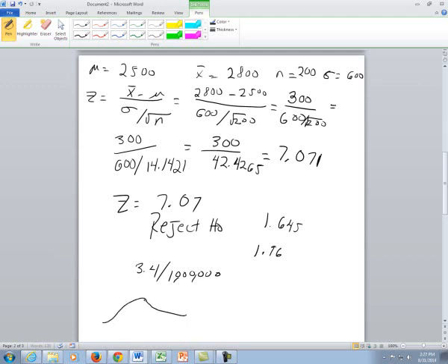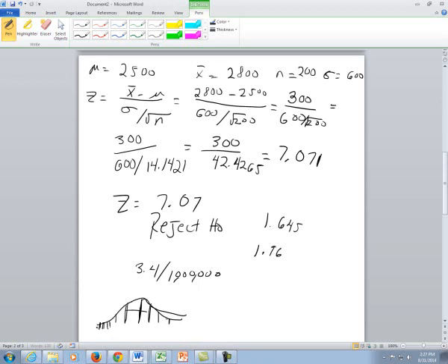So let's put a little curve up here. Here's our mean. There's 1 standard deviation away. That's 68% of all of our data. There's 2, that's 95. There's 3, that's going to be 99% of all of our data. So there's 4, there's 5, there's 6, and there's 7.